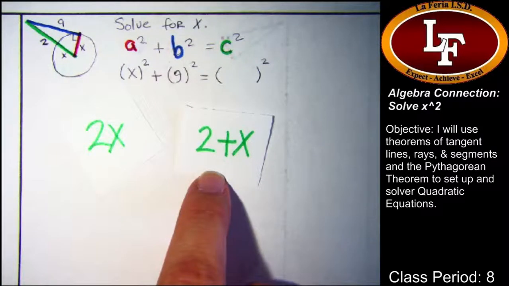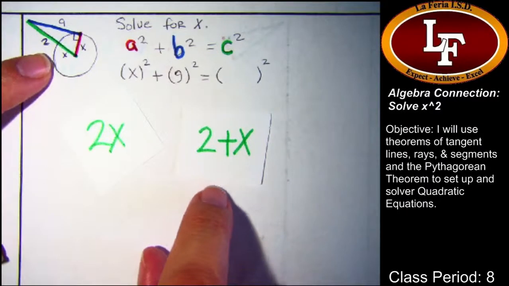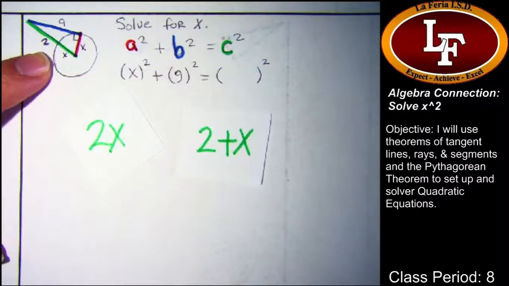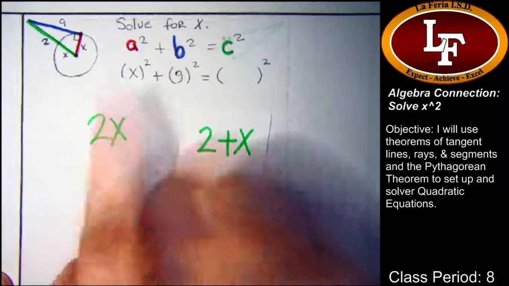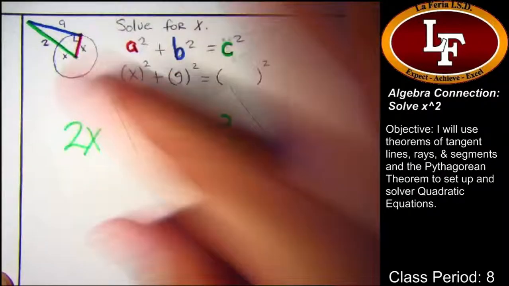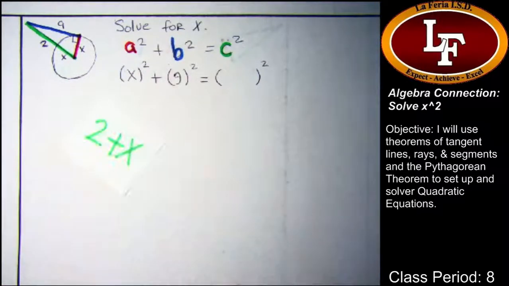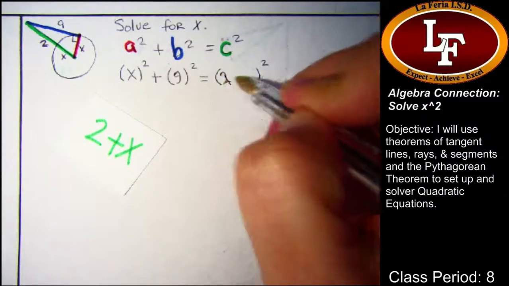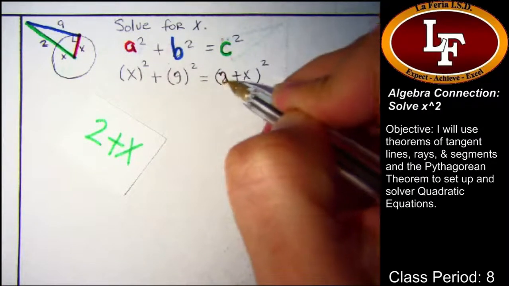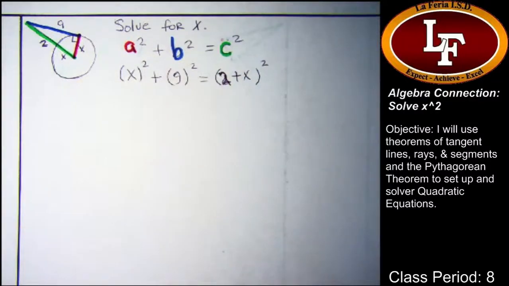And here? They're adding. Now look at the figure. How do you get the full length of the green line given the part that's 2 and the part that's x? You have to add them. So it is 2 plus x. So you said 2 plus x squared? Yeah. You are exactly right.